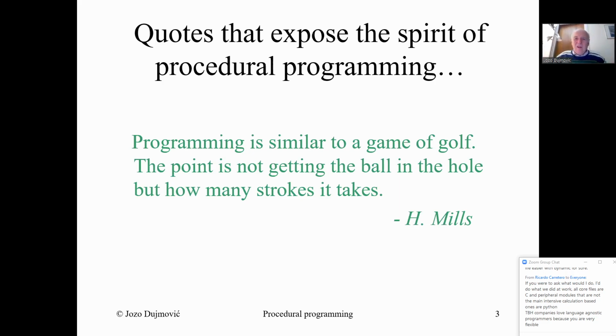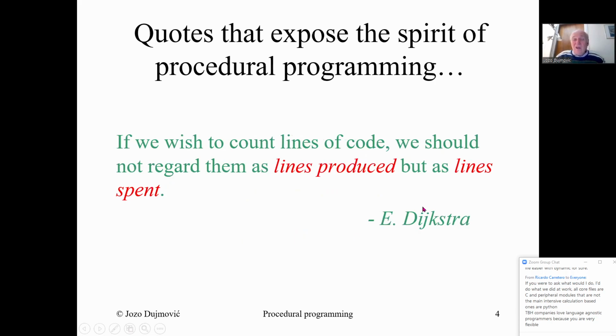And this is the basic thing that has to be done when we write professional programs. Dijkstra said that in the similar way. If we wish to count lines of code, we should not regard them as lines produced, but as lines spent. Spend as small number of lines as you can, not a large number of lines for problem solving.